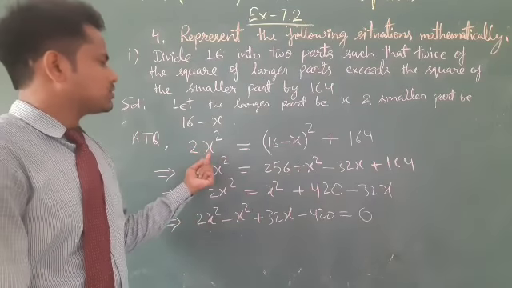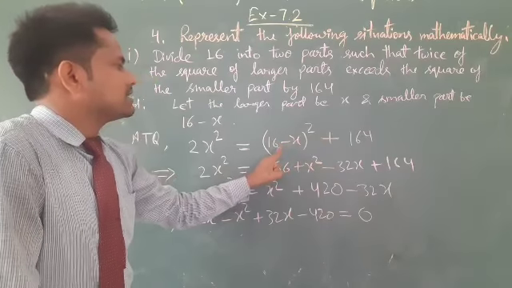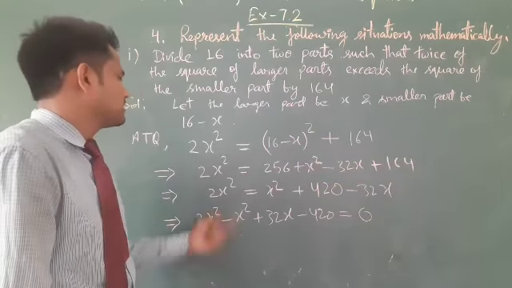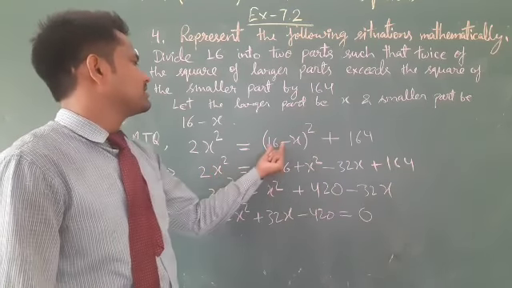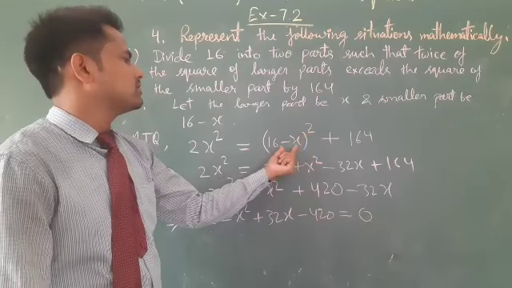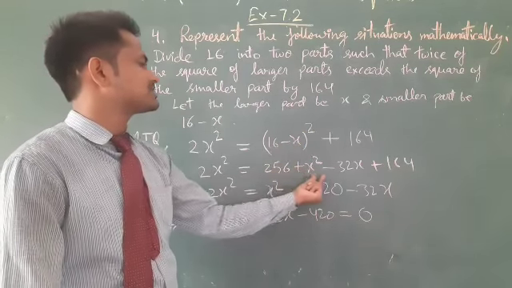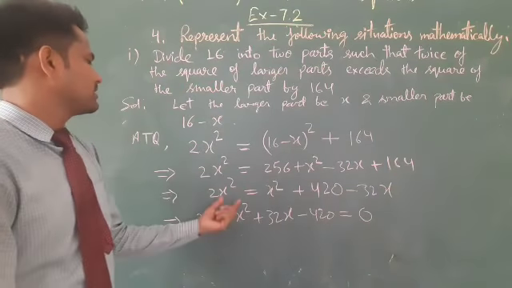Twice the square of the larger part exceeds the square of the smaller part by 164. After solving, we will get 2x square plus 16 minus x to the power 2. If we expand it, we will get 256 plus x square minus 32x, and here 164.